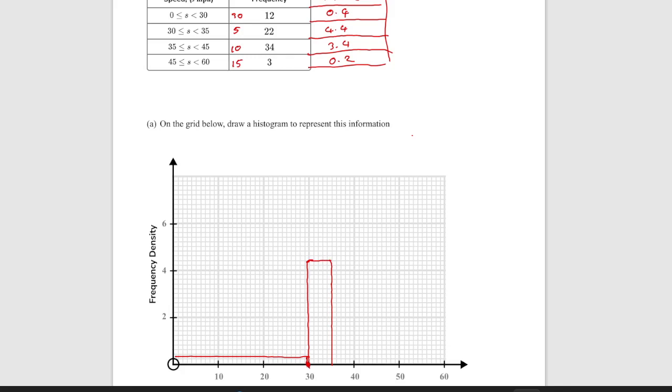My next one then is 3.4, so 3.4 is going to be there, and we're going to 45 with this bar. And then my final one is 0.2, going up to 60, so very low. Okay, so that's going to be my histogram.